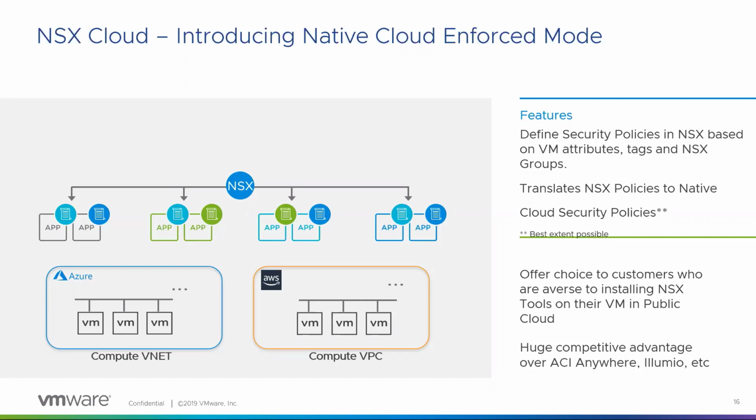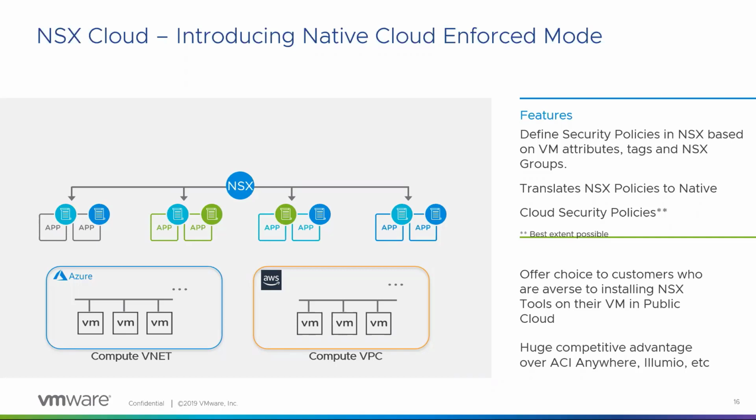I need to have that level of flexibility in the cloud as well. So we introduced what's called native cloud enforced mode. With native cloud enforced mode, you still write your policies just as you would, right? The difference is we don't inject it into the VM for inspection. We leverage the cloud-based security architecture. So your cloud-based security groups, or network security groups in the case of Azure, we leverage those to provide the security.